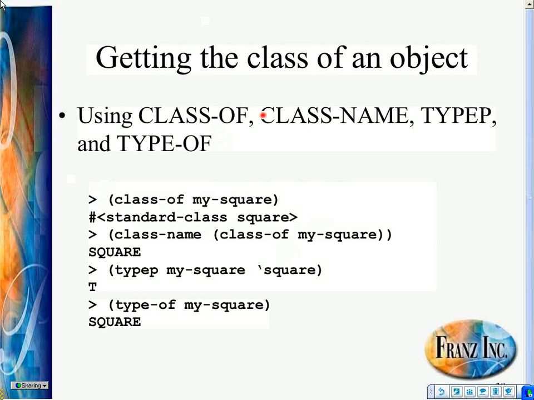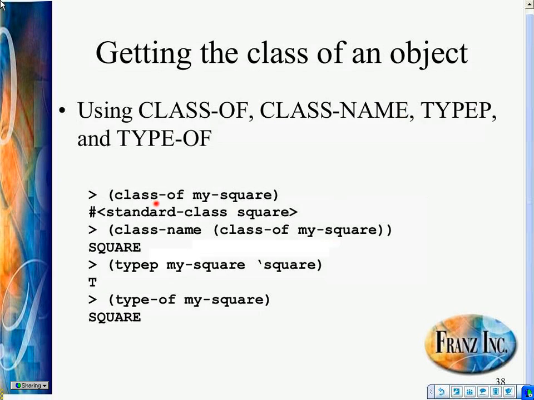There are a bunch of the typical accessor functions. You get the class of something. You can get the class name if you're given a class object. So class-of returns a class object. Class-name applied to that gives you the name, which is square.